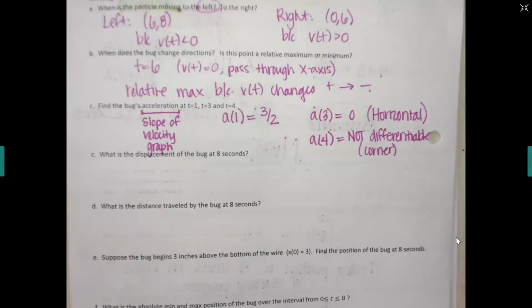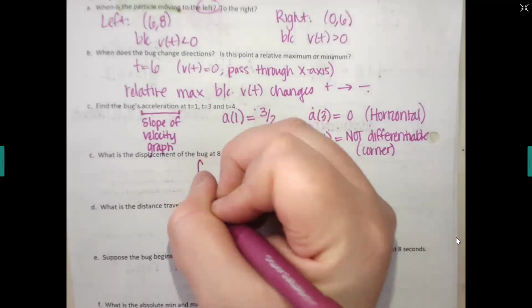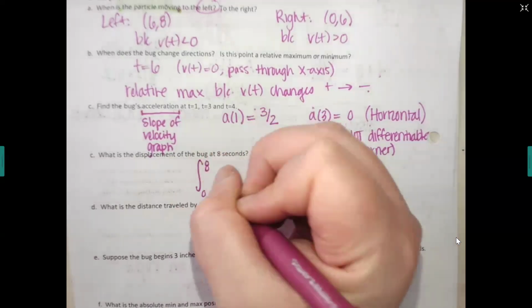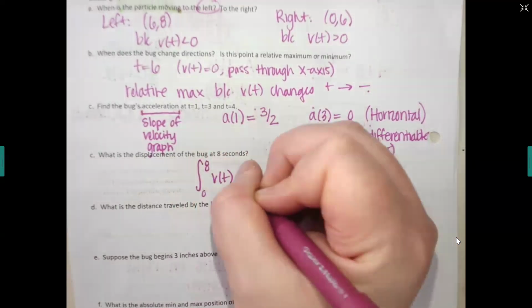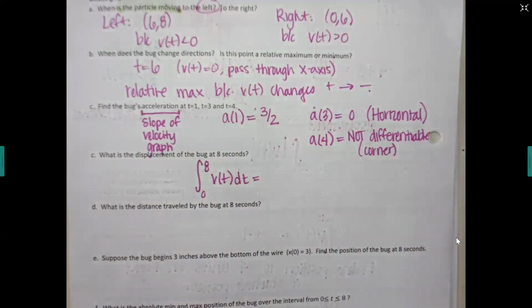Okay, this is the new stuff. I want the displacement of the bug at 8 seconds. Then I'm going to integrate velocity from 0 to 8. And remember that an integral means we're calculating area.